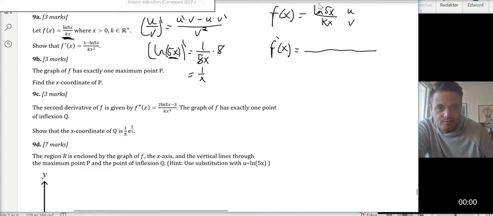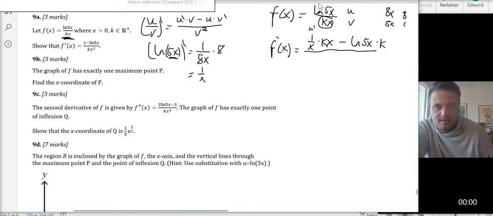So the derivative of u is 1 over x. That's u derivative. And then times v, which is k times x, minus u, which is ln of 5 times x, times v derivative. And if I take the derivative of k times x, I will get k, right? If I find the derivative of 8x, it's 8. Of 5x is 5. So the derivative of kx is k.